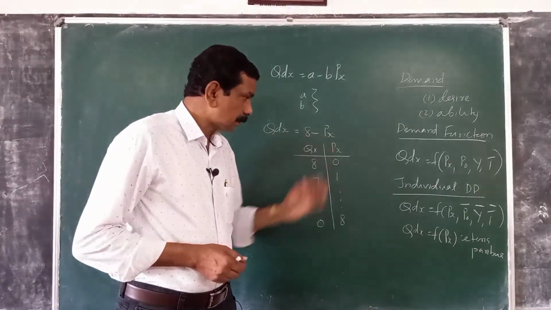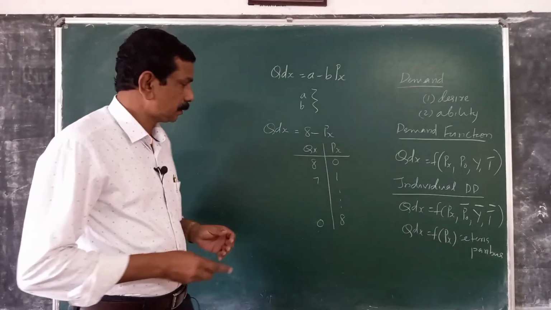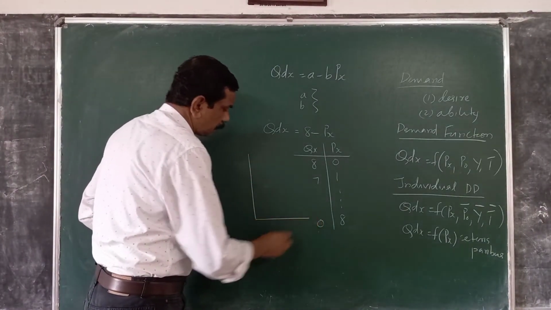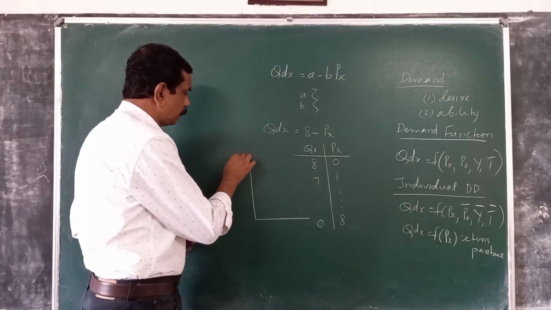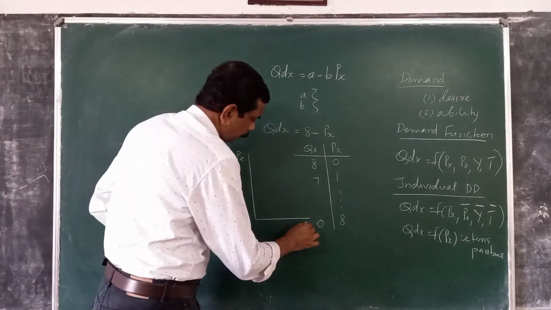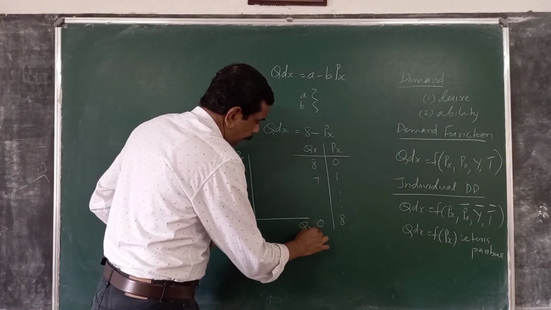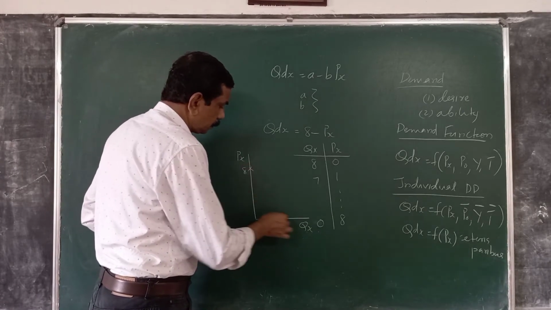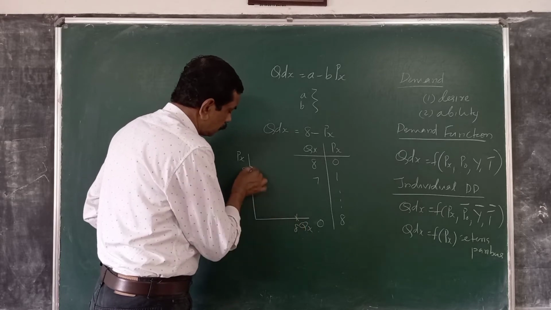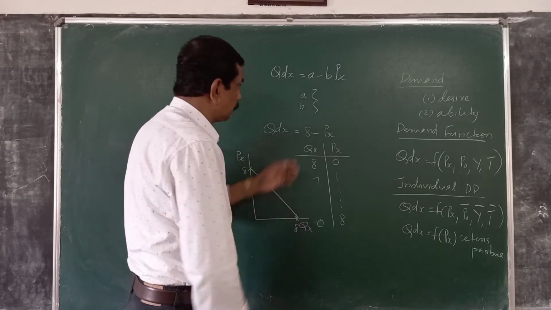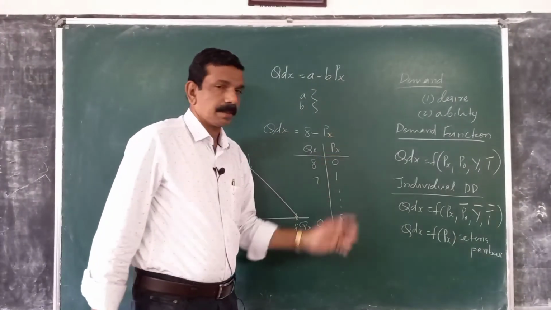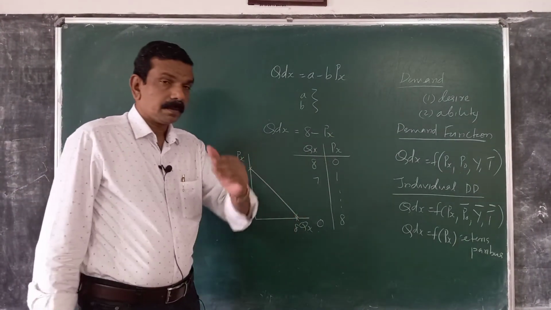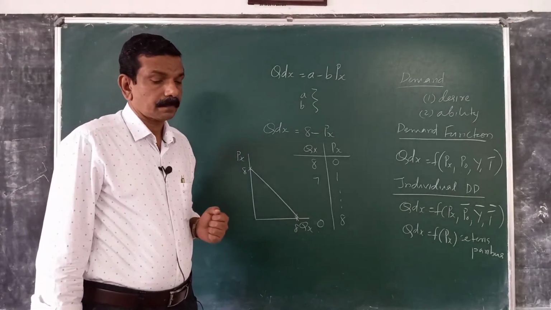Qdx equals 8 minus Px, and we can represent this in the form of a graph. As the demand curve is linear, it is a straight line.